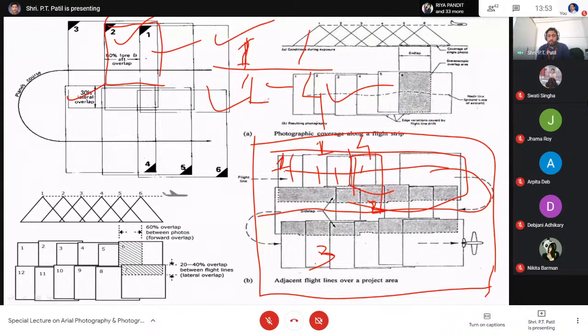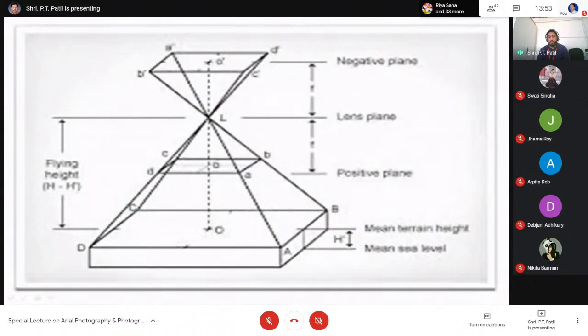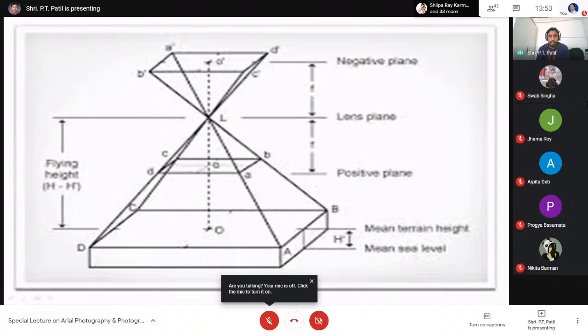Okay, so I think you all know how we perform stereoscopic analysis. For stereoscopic analysis, we require a pair of aerial photographs. We require 60% overlap area, and in that 60% overlap area, we are able to see 3D viewing. Means 3D views are associated with the overlapping of the areas. Even our eyes have stereoscopic vision.